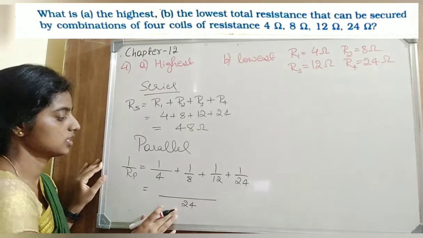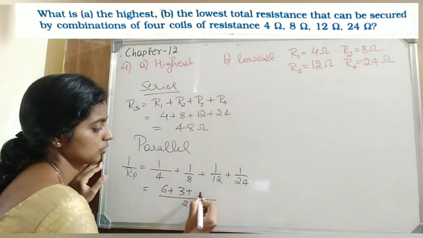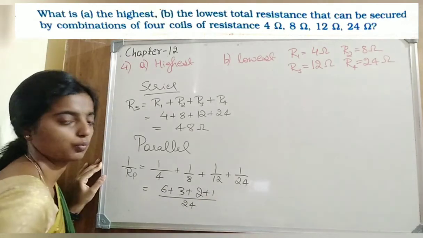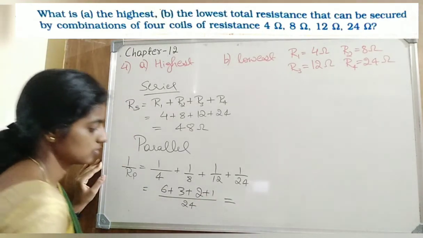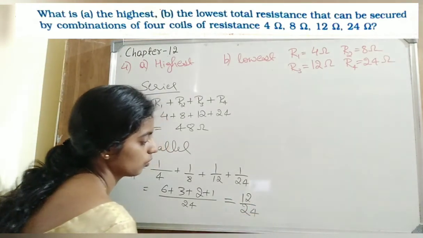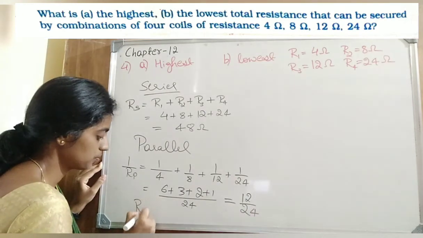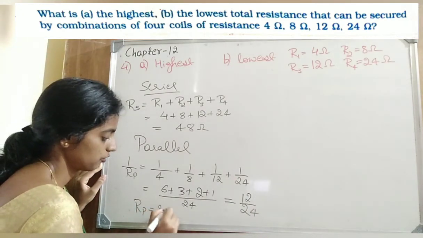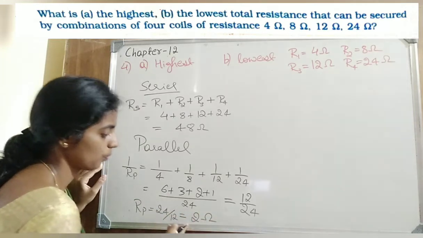We'll get here 6, 3, 2 and here we'll get 1, and see how much we'll get. So we'll get 12 by 24, and this is in the form of 1 by R, and the reciprocal is 24 by 12, that is 2 ohm.